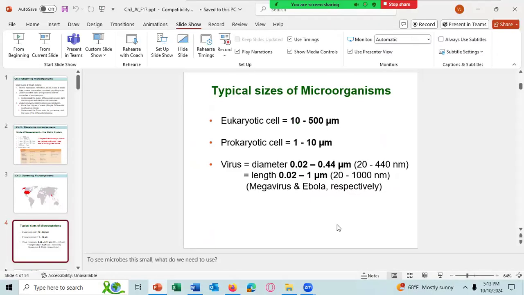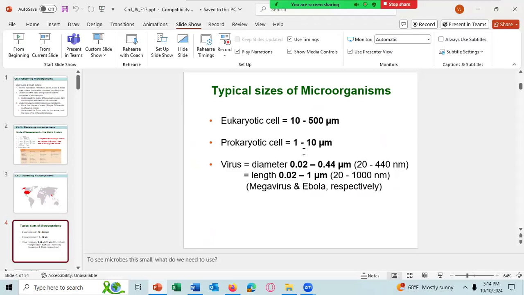All right, so you should know a little bit about the typical size of microorganisms and things. A eukaryotic cell typically is between 10 micrometers and 500 micrometers. Now, obviously, the largest cell you've ever seen, a chicken yolk, is much larger than 500 micrometers.